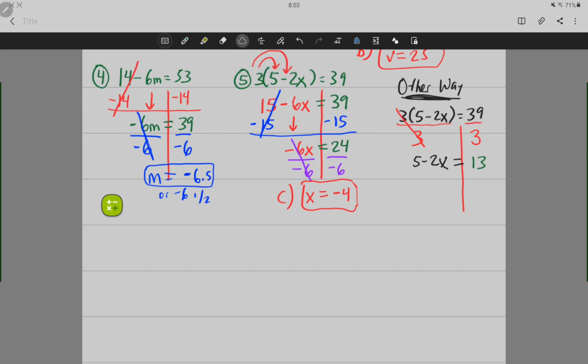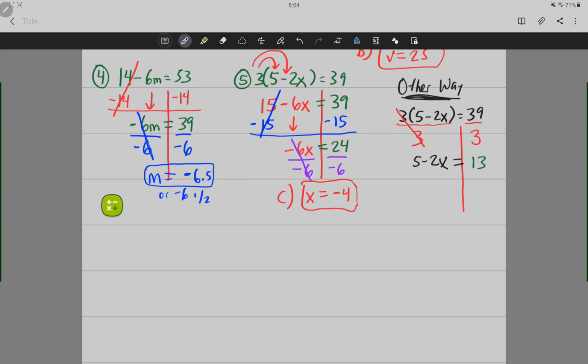Negative 2 times 3, look, negative 6. 13 times 3, look, 39. But the numbers are smaller in this other way I'm showing here because instead of multiplying by 3 that 5 minus 2x, we just divided by 3 as our first step. So let's just finish this out. This way you can see it's the same answer.